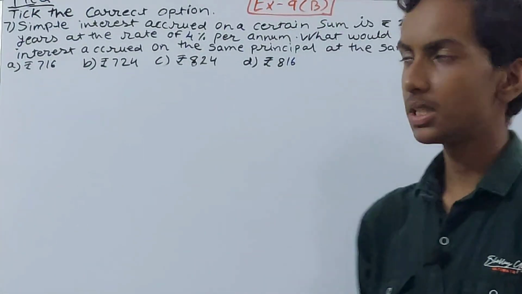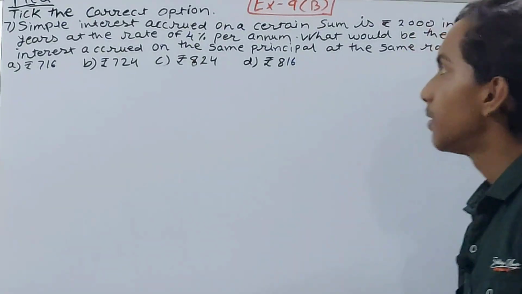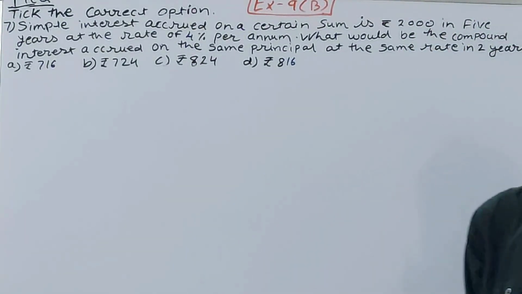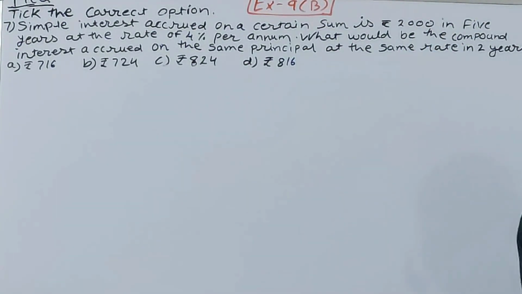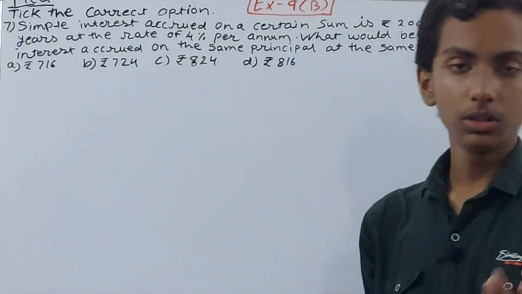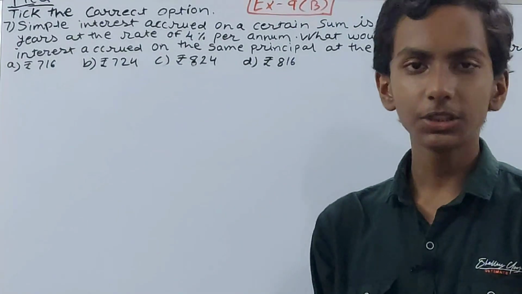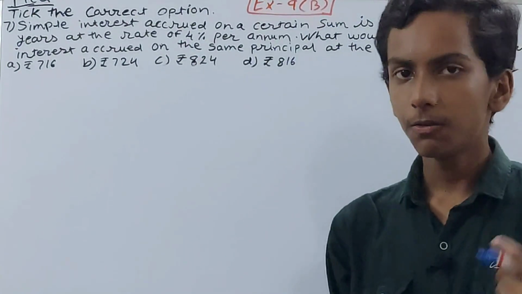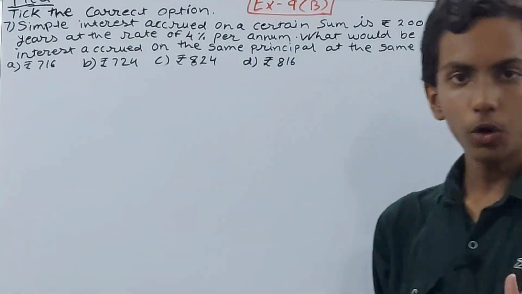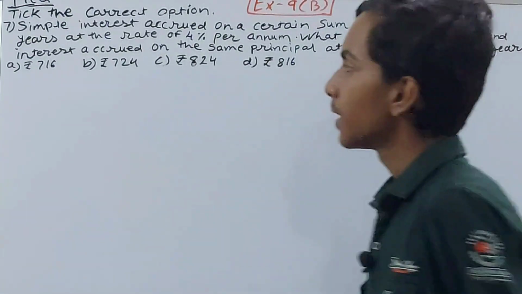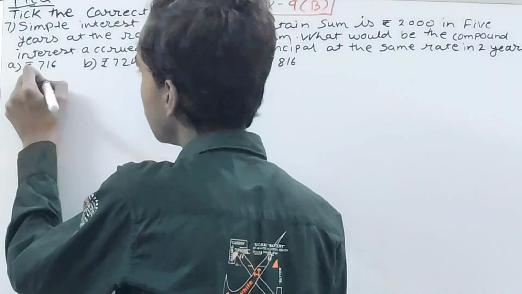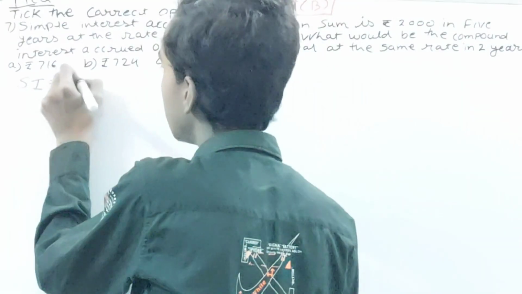So basically the simple interest on a certain sum is rupees 2000. We don't know the sum, but we know the simple interest on it is 2000 at the rate of 4% per annum and time of 5 years. So what is the next step here? The simple interest we know, 2000.